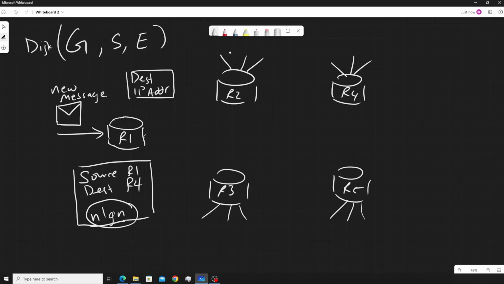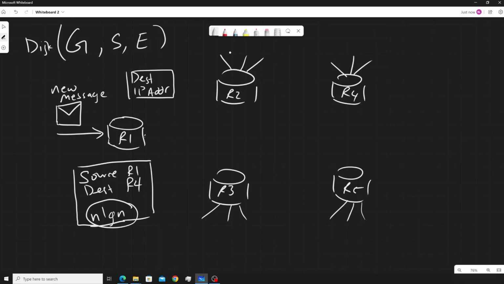And this is where Bellman-Ford shines. Bellman-Ford is a much simpler algorithm in that, well, I wouldn't say simpler, but the input is simpler in that it only requires a graph, and it gives you every shortest path. That is, let's say that R1 needs to get to R4. It'll know the shortest path for that. Or let's say that R2 needs to get to R5.